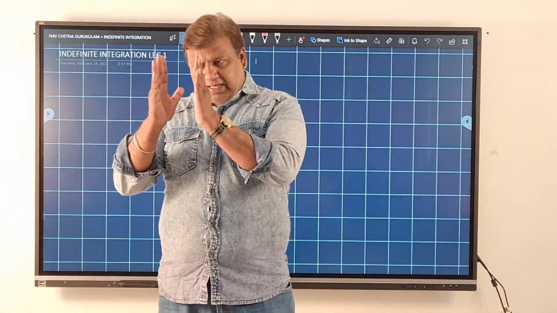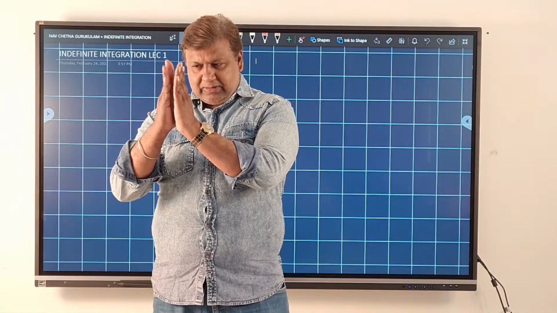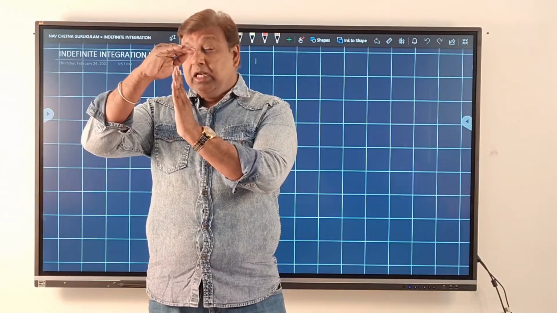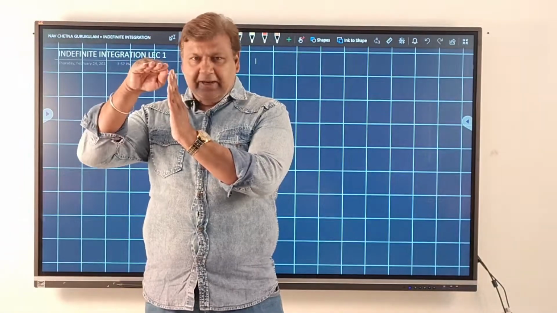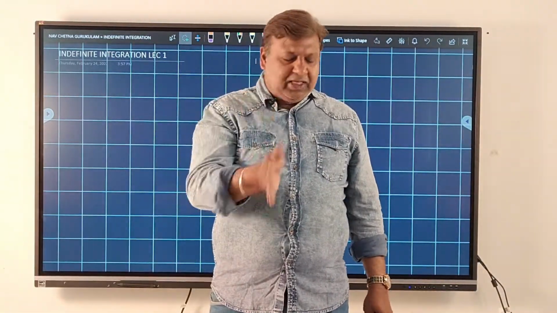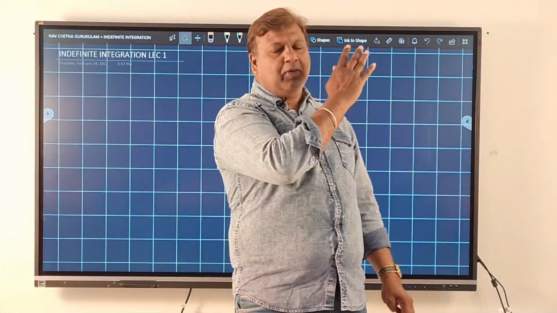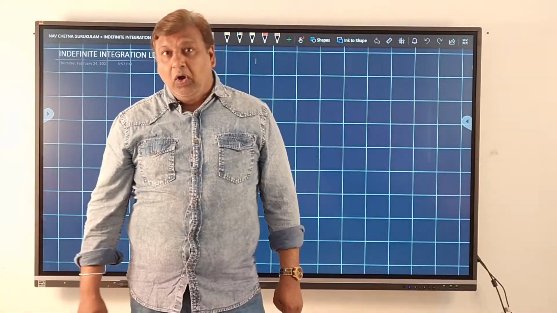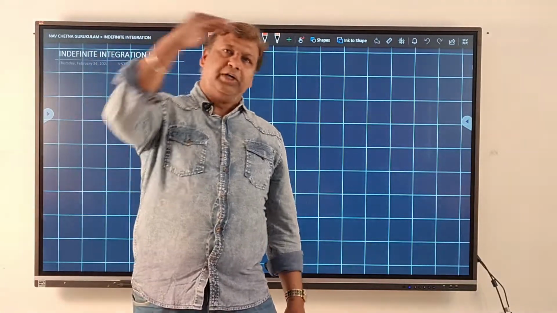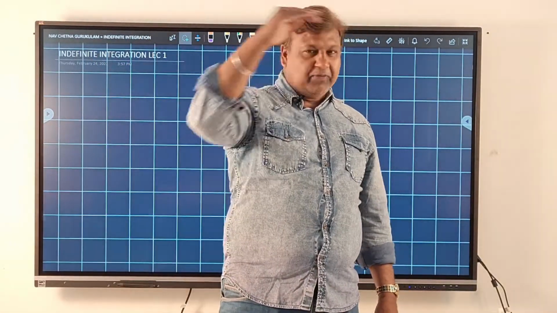So when you decrease the width of these rectangles very much, the curve above can be considered limited to a straight line. So that would be considered a rectangle. We'll calculate these rectangle areas and add them all. When we add them all, we actually get the integration of the function which you are calculating, that above curve.